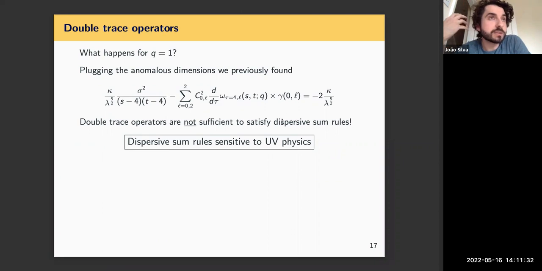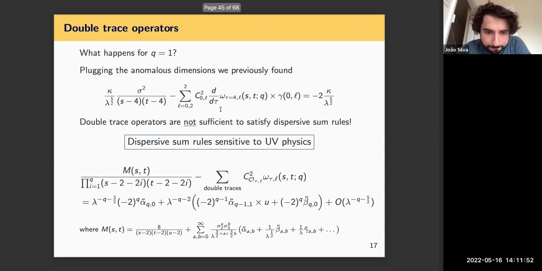So it must be that there is something which has a very large twist that makes the sum rules correct, because if we think about all the low twist operators, we already listed all of them and took them all into account. So the general conclusion is that the dispersive sum rules must be sensitive to UV physics, to operators in the UV. Okay, and so this is what we want to exploit.